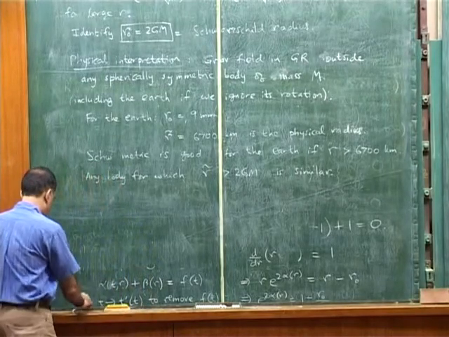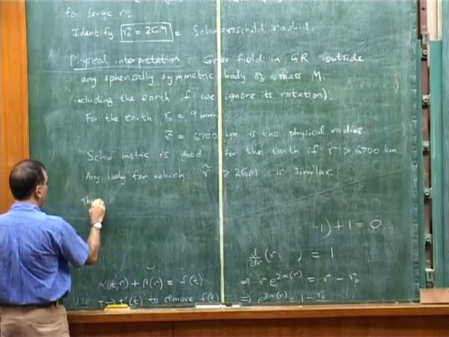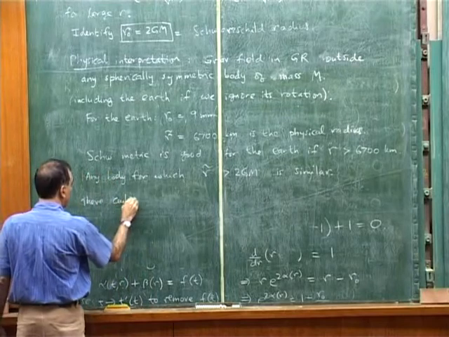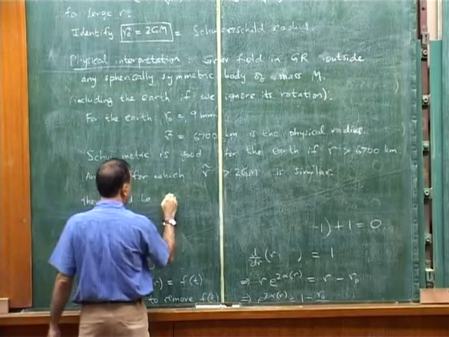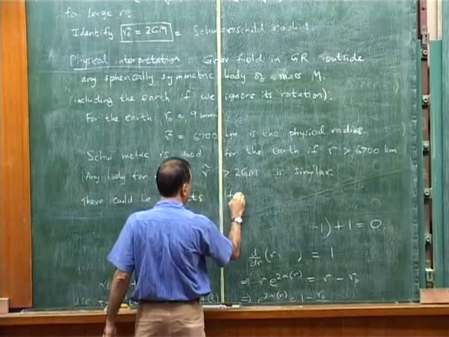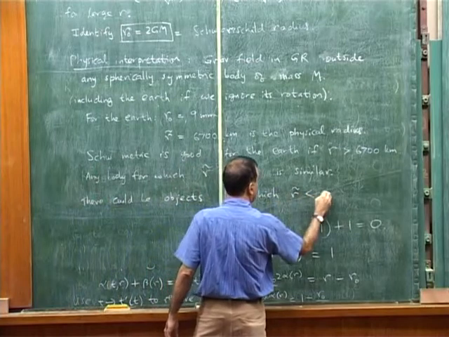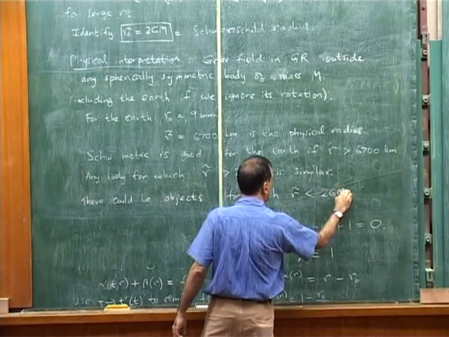Okay, now all this to say that there could be objects, but they would be very strange and very unlike the Earth or the Sun, for which the physical radius is less than 2GM.